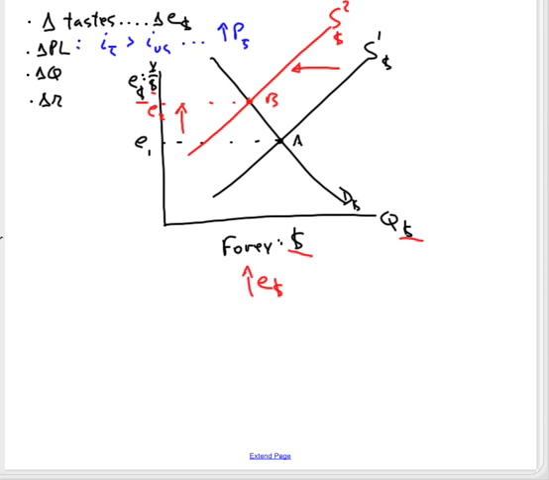If you looked at the market for yen, what would shift? In the market for yen, Japanese consumers would want more American goods and services because the more rapid inflation in Japan makes American goods and services look relatively cheaper.